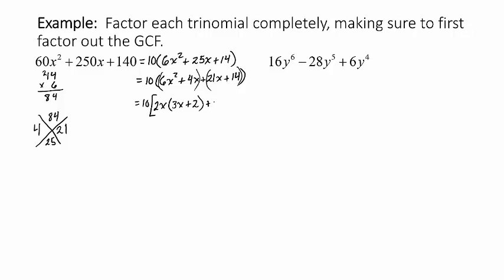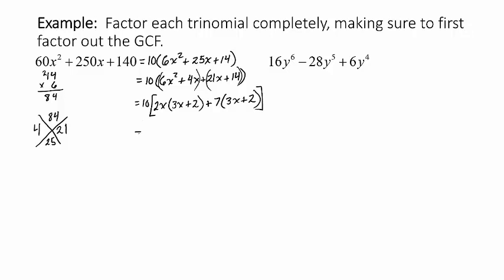And then in the second grouping, 21x plus 14, 7 is a common factor of 21 and 14. So I'm going to pull a 7 out. So we're going to have 7 times the quantity 3x plus 2. We distribute that back through, we get 21x plus 14.